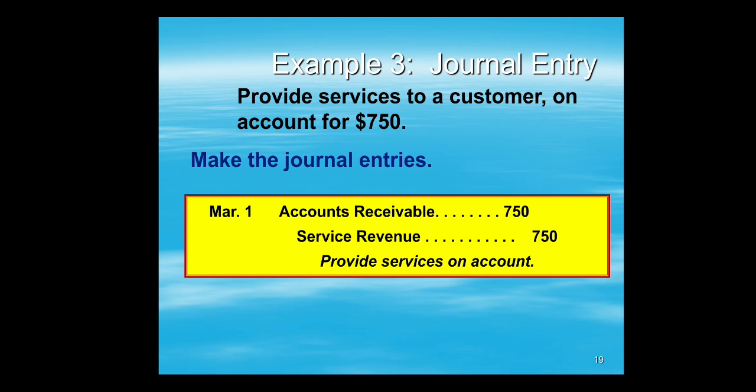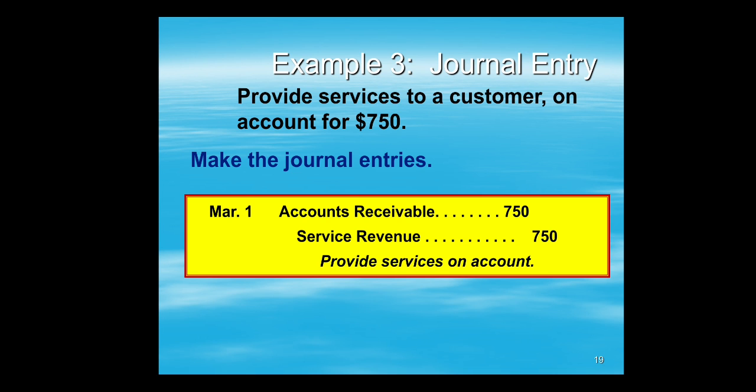So the effect is asset will increase. When the business provides services on credit, it means that the customer will pay the business in the future. So in accounting, if an item benefits the business in the future, it is supposed to be recorded as an asset.